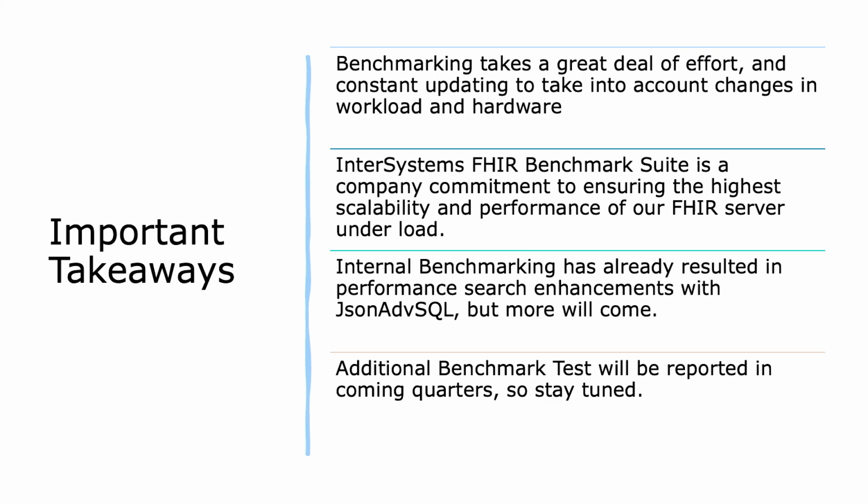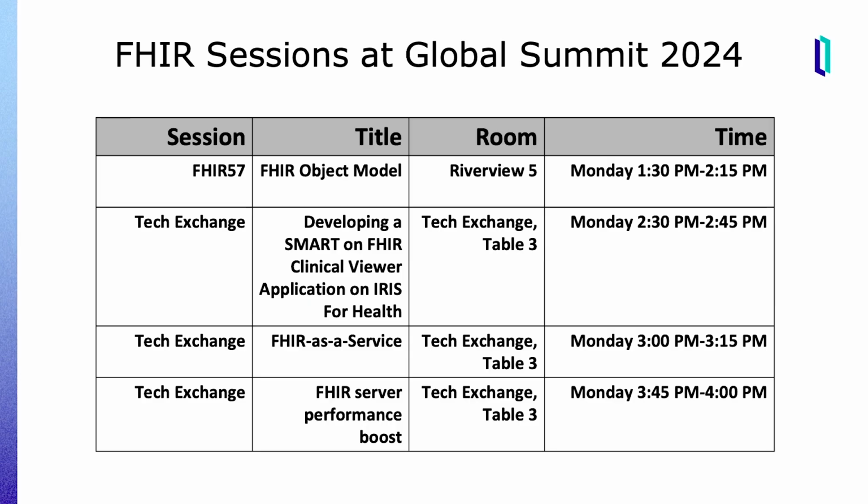But there will be more changes to come to improve performance in the future. So additional benchmarking tests will be reported in coming quarters. I'd say stay tuned for further developments.